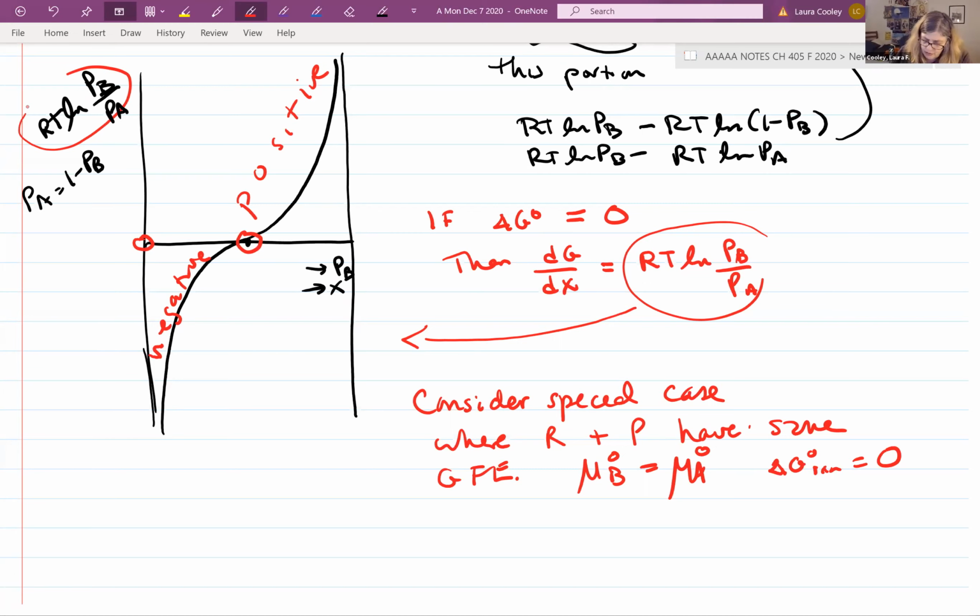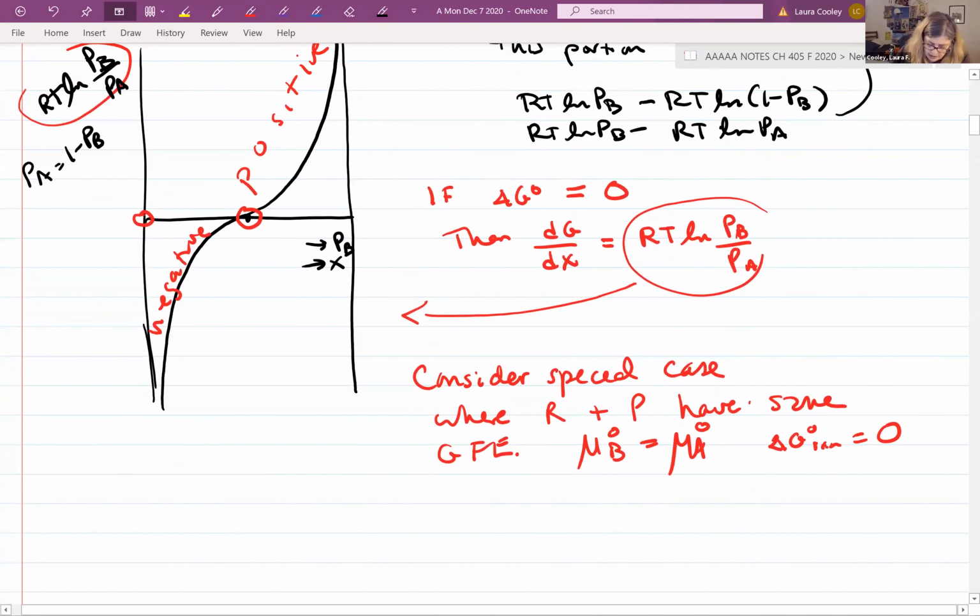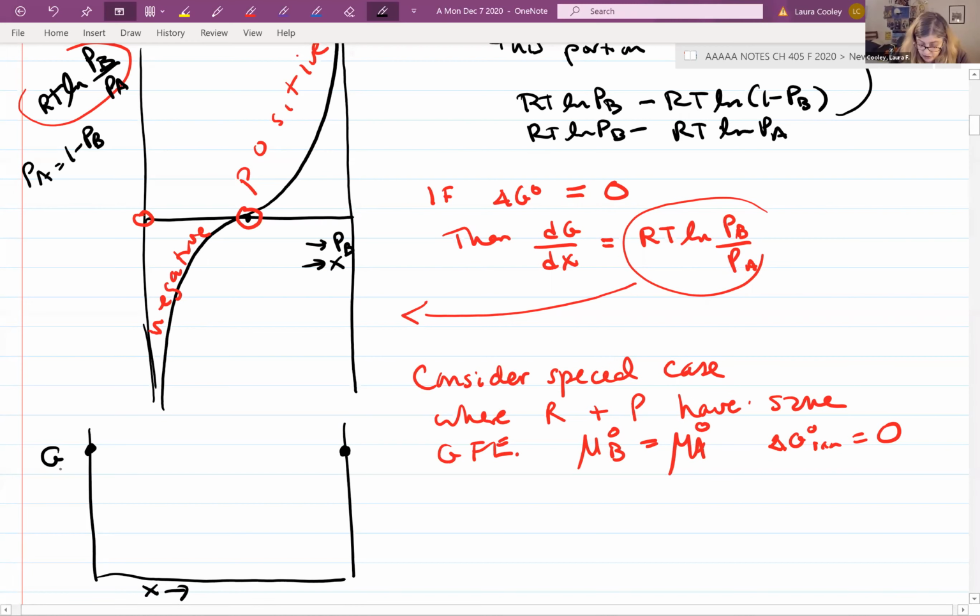And so if you look at that, you could see that the graph of G versus X, okay, well, you have the same Gibbs free energy of the reactants and the products. So these two would be on the same level. There wouldn't be any difference, any delta G0 for the reaction.